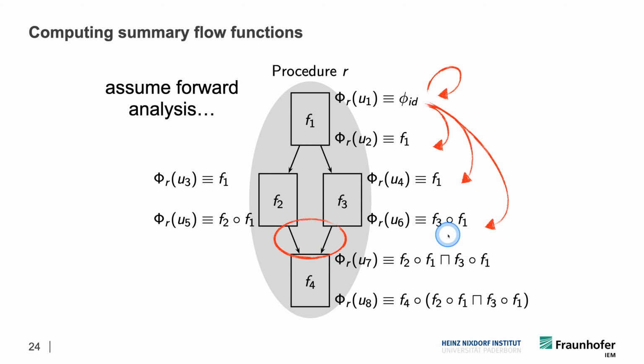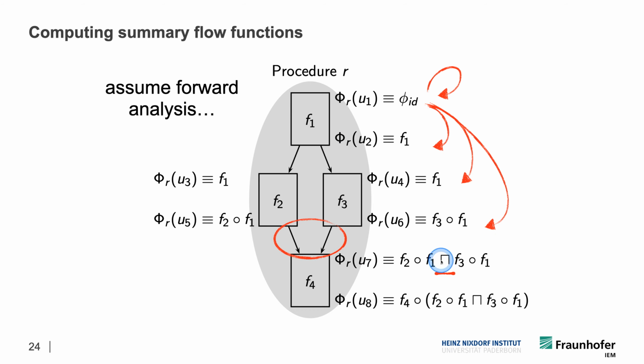And so the question is, how do we do that? Well, again, we go about this symbolically. We are not actually executing the merge, but we are simply tracking it. So the summary function that we are computing here takes the summary function that we have already computed for the right-hand side branch and the one for the left-hand side branch, and it's composing them, but this time with a merge operator. Obviously, we assume that we have a merge operator given on the abstract domain for this data flow problem.